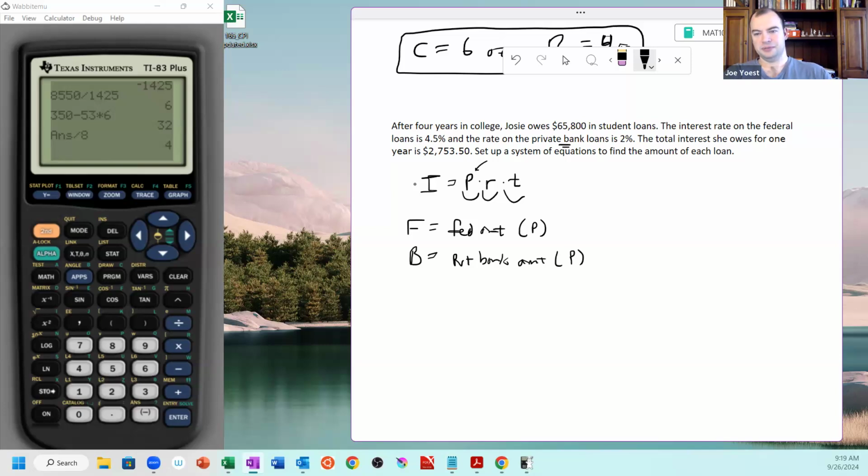So we have two different principal amounts, one owed to the federal government and one owed to the private bank. So I know that the combination of them together is 65,800. That just comes from the total that she owes being the sum of what she owes to the federal government plus what she owes to the private bank.